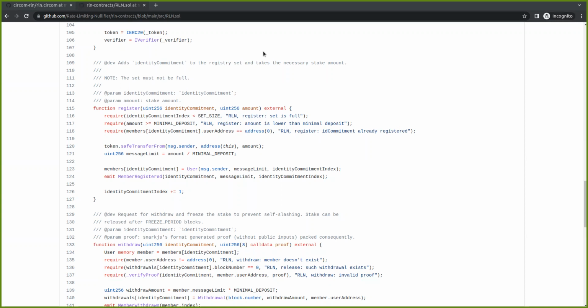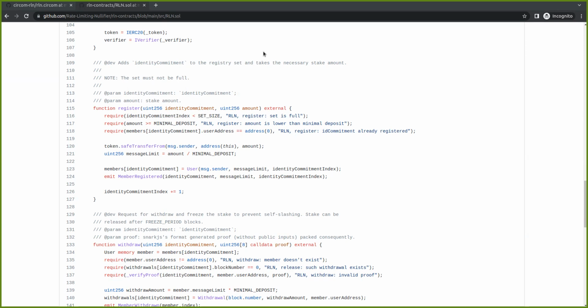Okay, and then the root that you are using, how would the nodes be keeping up to date with the latest root? They are listening to the blockchain, on-chain events, and they are updating the root locally. Updating the Merkle tree locally.